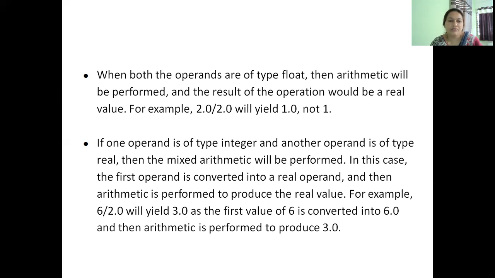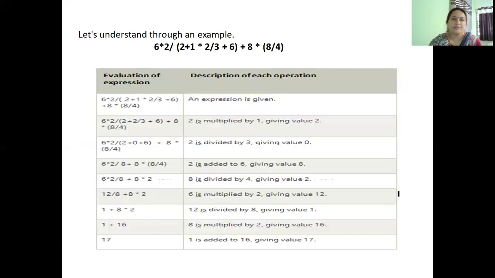For example, if we have 6/2.0, the answer is 3.0 because first the value 6 will be converted into 6.0, then arithmetic is performed to produce the result 3.0. So these are some typical cases where type conversion will be applied in the evaluation of arithmetic expressions.